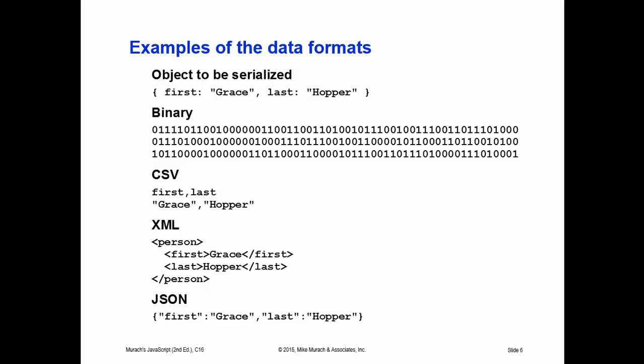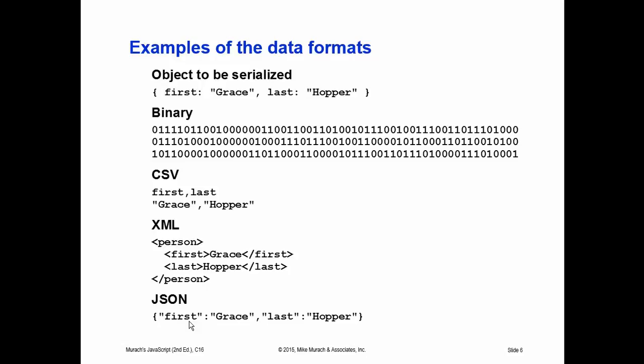So here's examples of data formats, and they show you here some serialization. So what are they doing there? They're taking the object to be serialized, right there, and converting it to binary, converting it to CSV, which is a comma-separated variable file. That's how it would look in XML, but you'll notice that's how it looks in JSON.